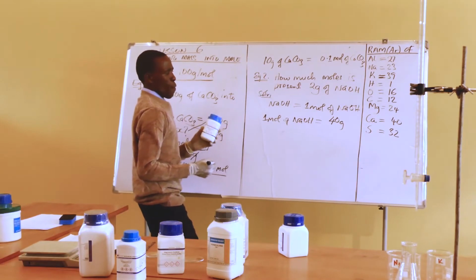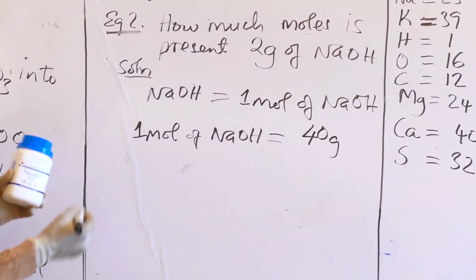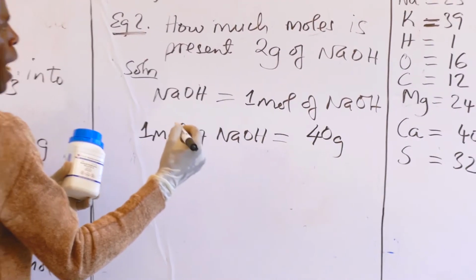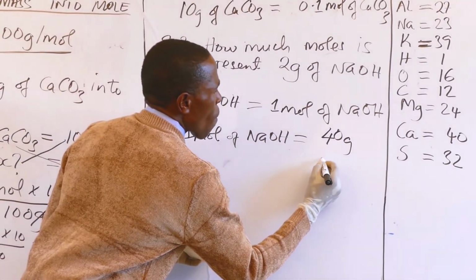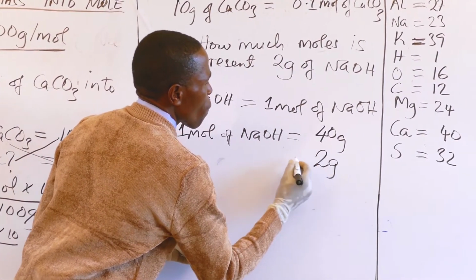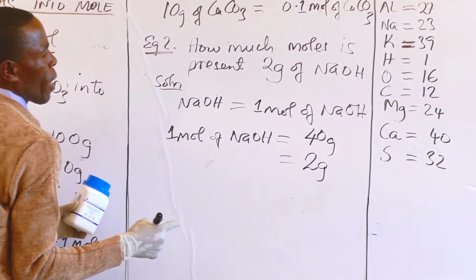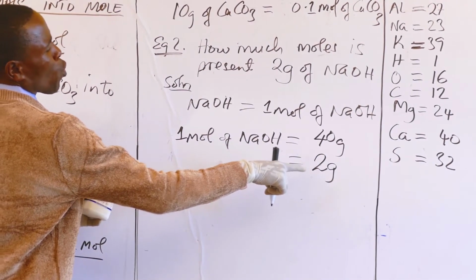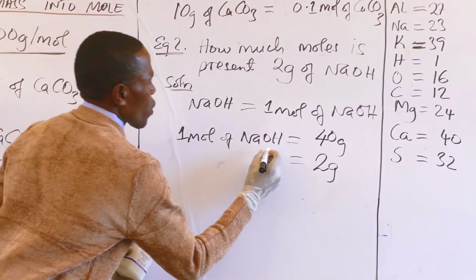If 1 mole is equal to 40 grams, how many moles are in 2 grams of sodium hydroxide?